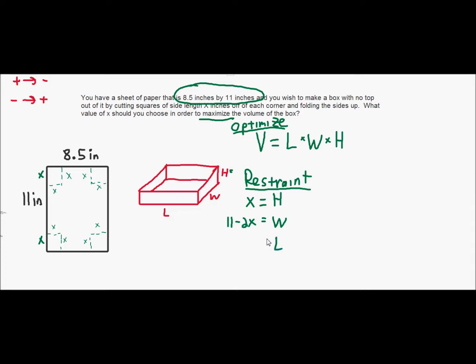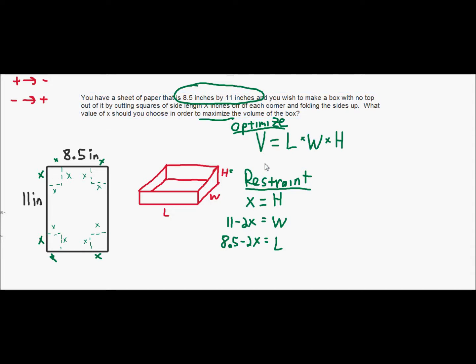And the length, similarly, used to be 8.5 inches, but once we cut this x off, we're going to lose this x and this x on both sides here, right? They're both 8.5, and we're taking away x on both sides. So the length is going to be 8.5 take away 2x. Now, what this restraint down here allows us to do is rewrite our volume equation here, the one we're trying to optimize, in terms of just one variable, namely x.